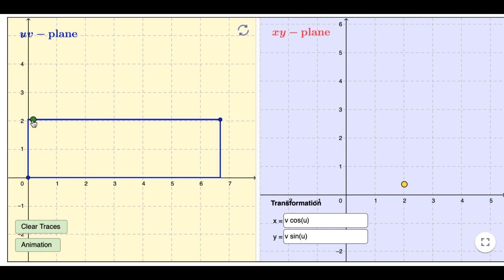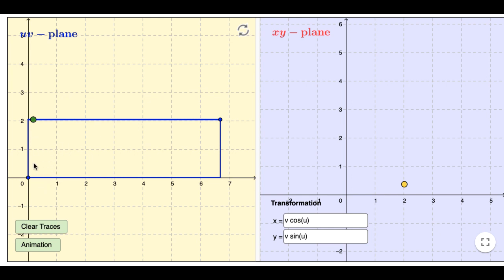So if I take this point here and start moving it around along this segment, where v, the height, is constant. But remember that v is like r. So I'm going to be moving in such a way that r is constant. And when you move with constant r, you're moving in a circle.